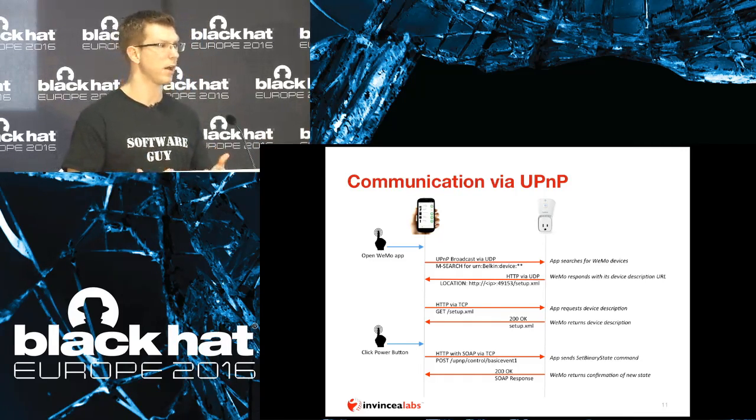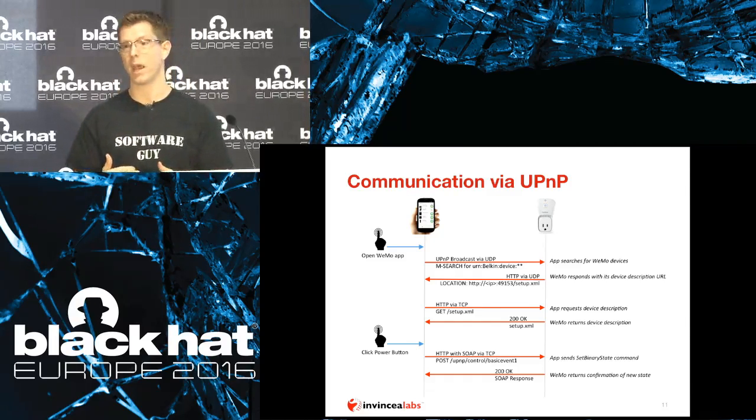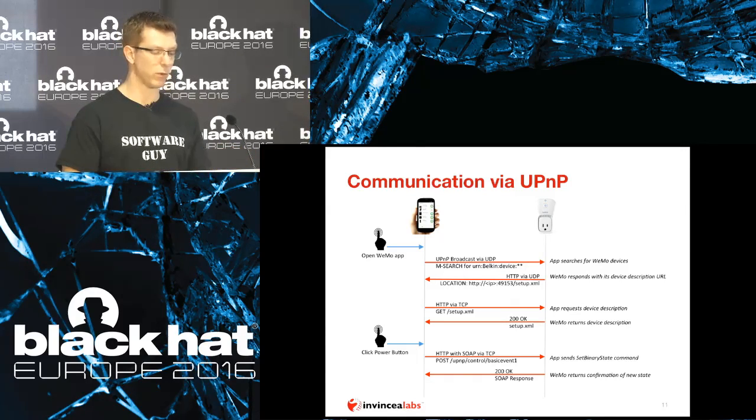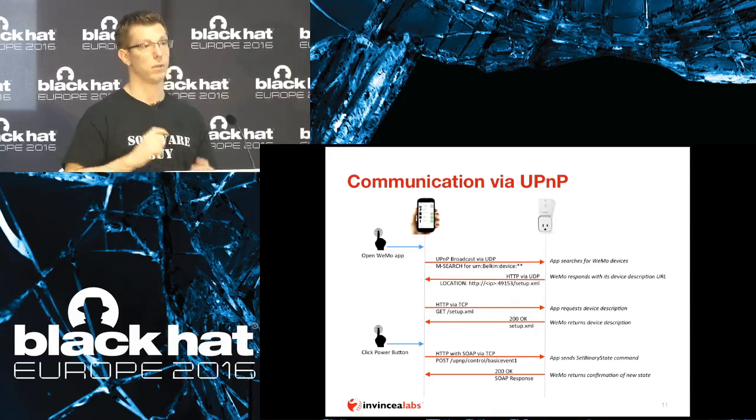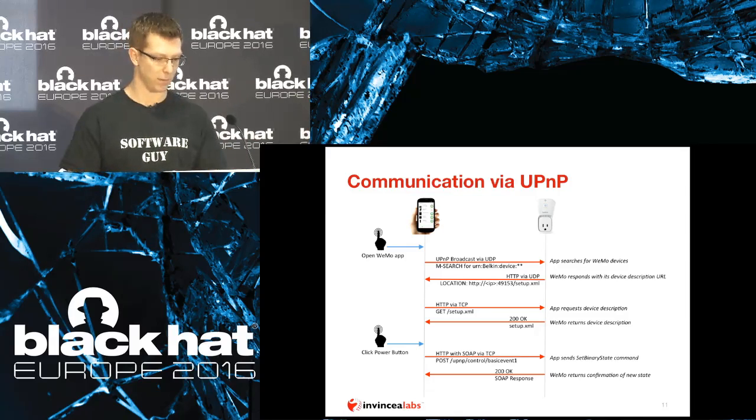Now, the device description file contains all the UPnP endpoints in it, essentially URLs that you send messages to communicate. For example, in the WeMo switch case, if you want to turn the switch on or off, you click that on-off button, you'll send a UPnP message, an HTTP message over TCP this time, to the UPnP control basic event 1 endpoint, and the message itself will actually be the set binary state command. 1 or 0, on or off, right? Setting the binary state. Pretty easy stuff.